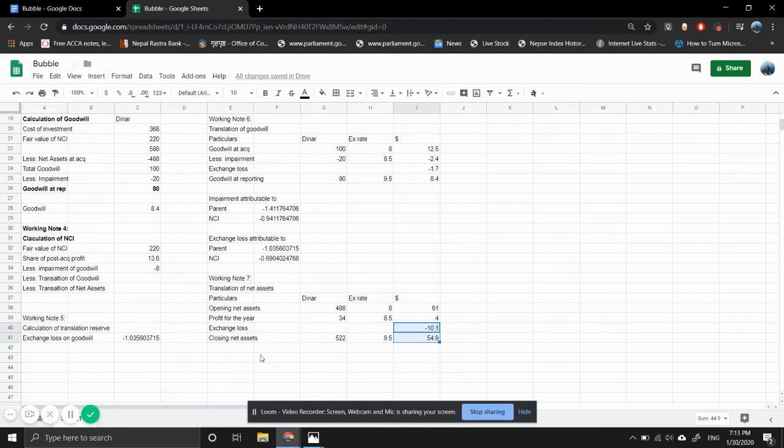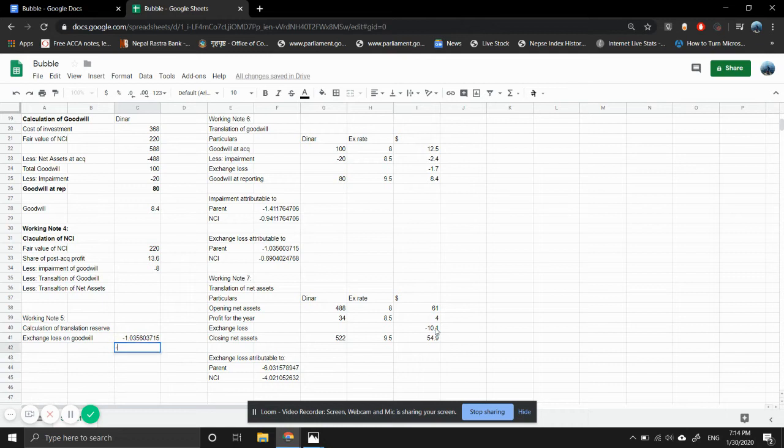Okay. So exchange loss attributable to parent and NCI. So this will be this figure into 0.6. The rest will be this figure into 0.4.